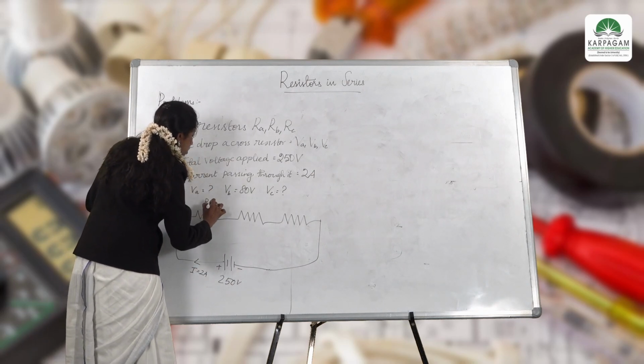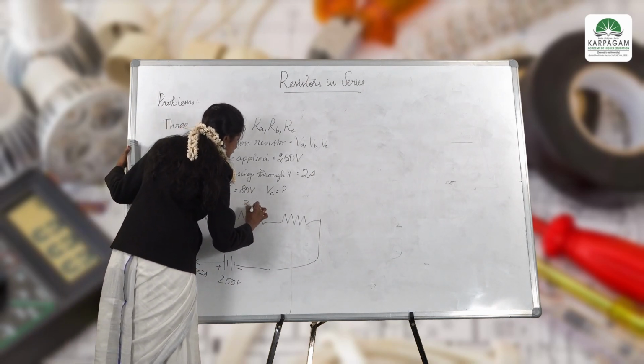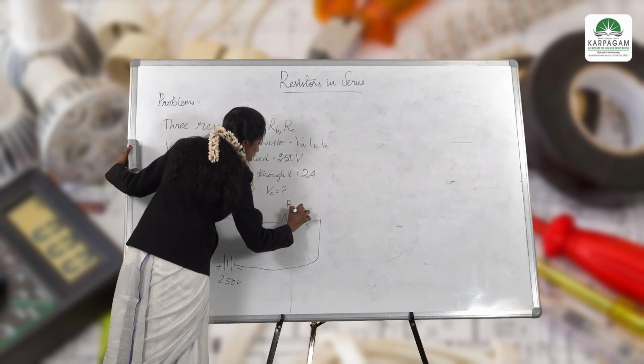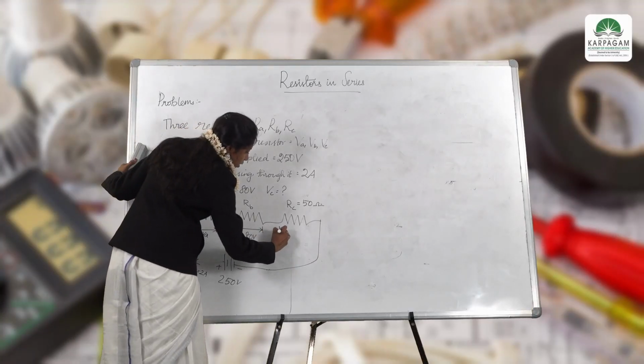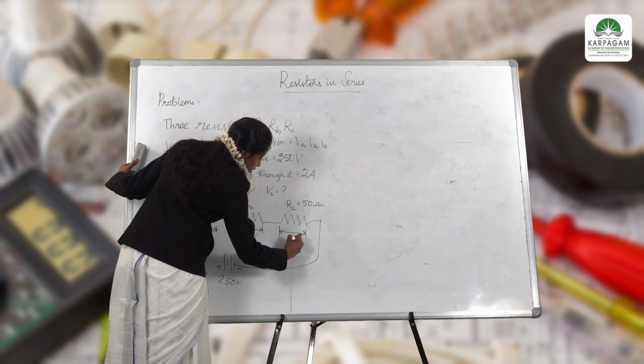This is my resistor RA, this is my resistor RB, and this is my resistor RC. My resistance RC value is 50 ohms. And as I told you, I have a voltage drop of VB across it, and this is 80 volts. So here we need to find the value of VA, and here it is VC.